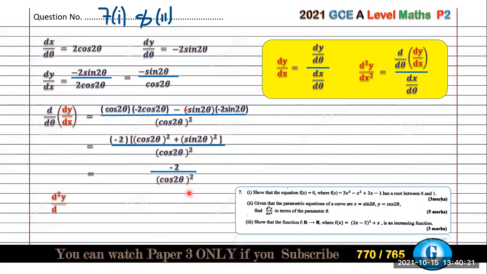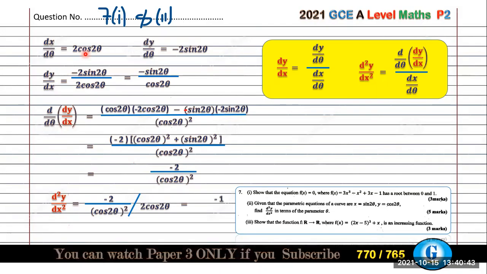So what will be our d squared y on dx squared now? It will just be equal to this value divided by dx/d theta, where dx/d theta is 2 cos 2 theta. So this will be equal to minus 2 on cos squared 2 theta divided by 2 cos 2 theta.